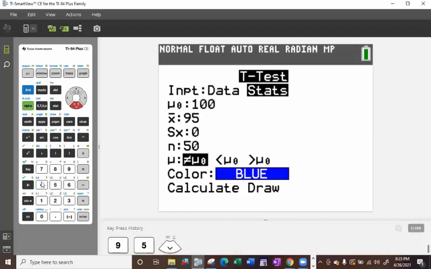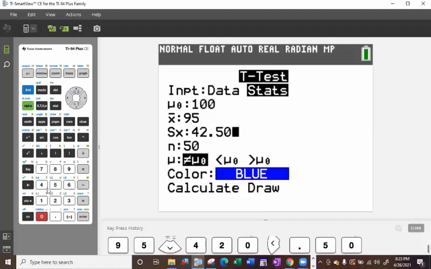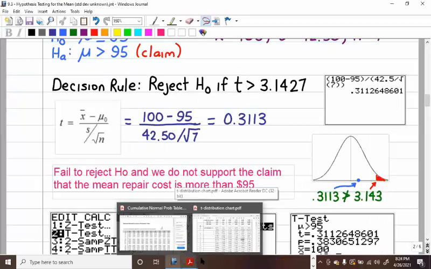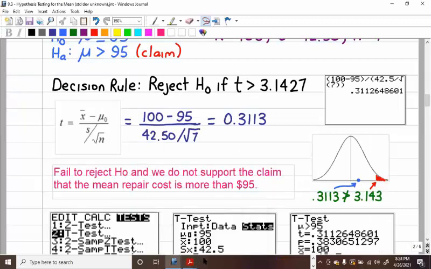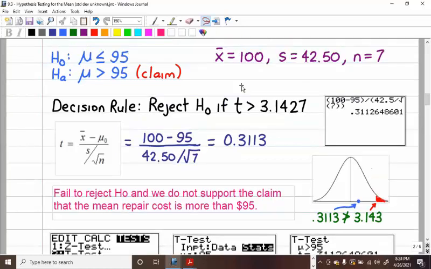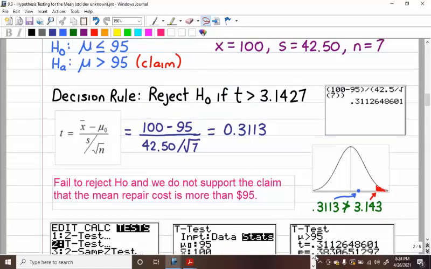This one's 4250. Last one is 7. So let me check that. Oh no, that was, okay, it was 95. Okay, I have those backwards.